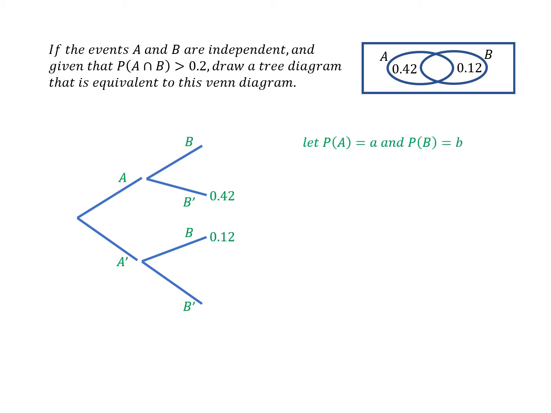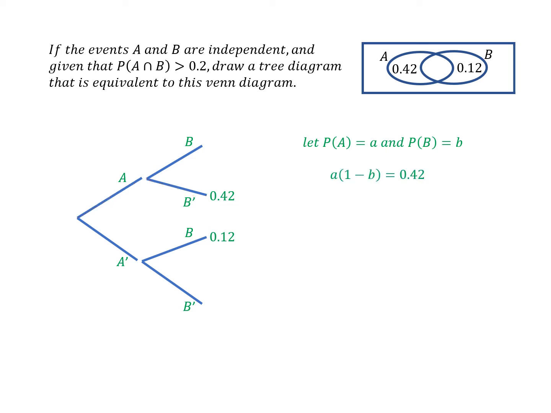So if we let the probability of A equal little a and the probability of B equal little b, then what we're saying here, this 0.42, is a times (1 minus b). So a(1 − b) is 0.42.